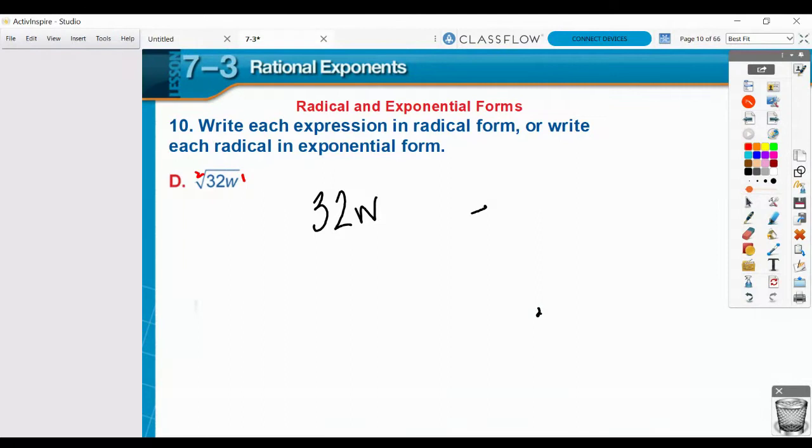So our exponent would be 1/2. But since the 32 and the w are both underneath the radical, then this needs to have a parenthesis because the 1/2 needs to go to both terms. So this is different from the previous one where it just went to the 1 term.